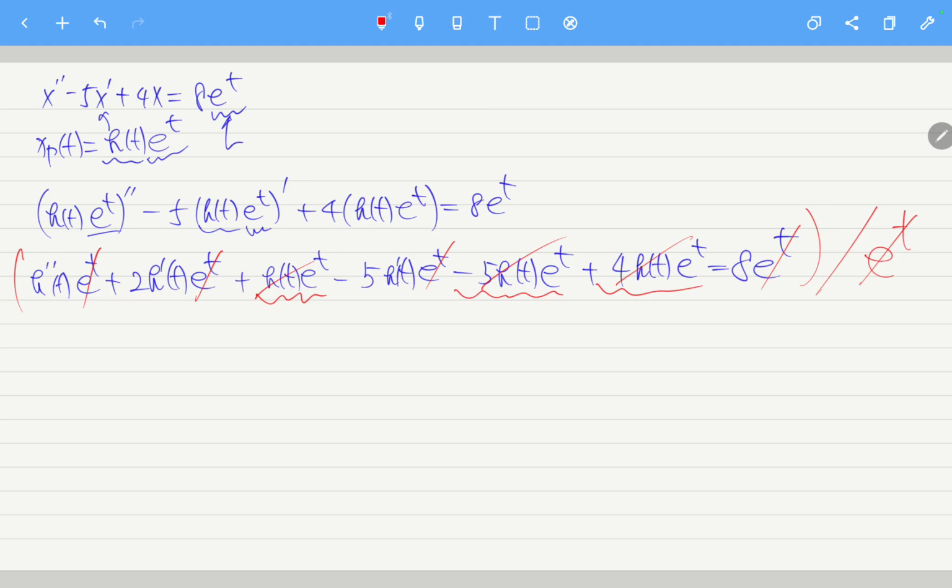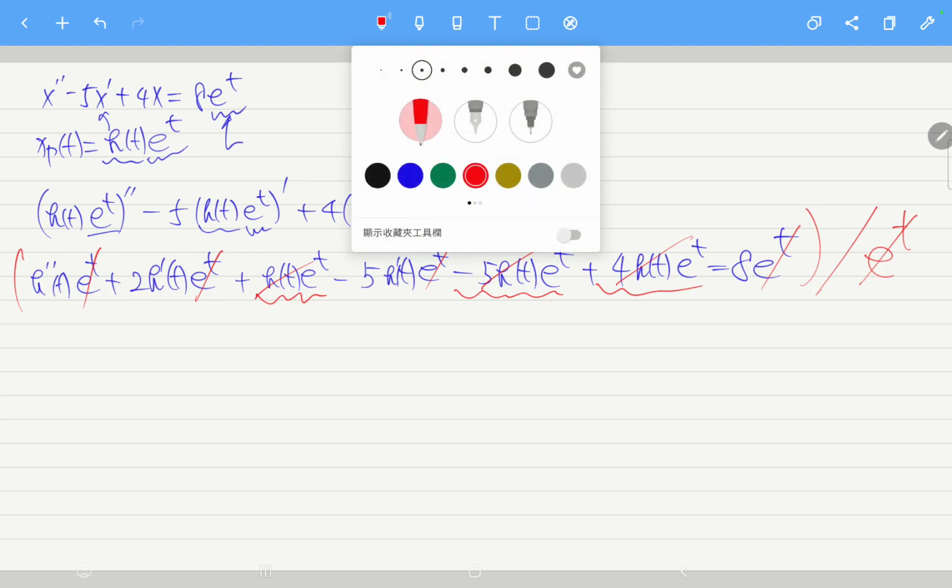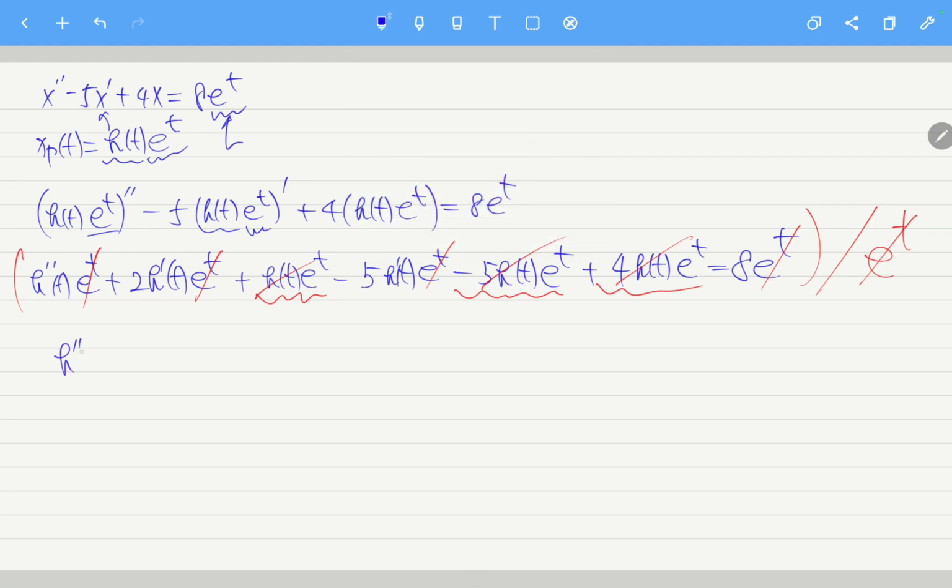Okay, so here we have h double prime of t, and then here we have 2h prime of t minus 5h prime of t, which means that it is negative 3 times h prime of t equals 0. So what is it? This is another constant coefficient linear ODE.